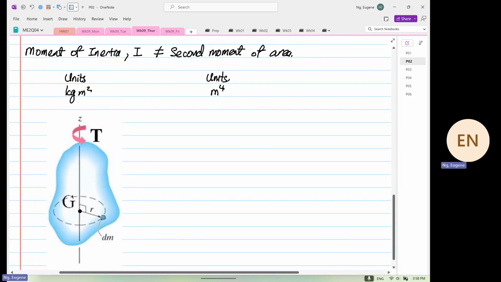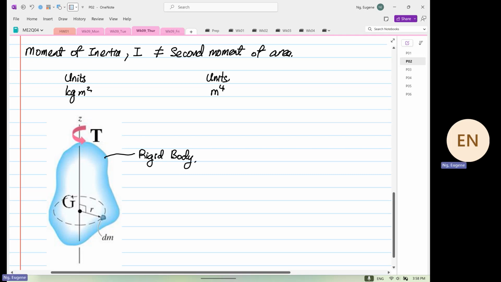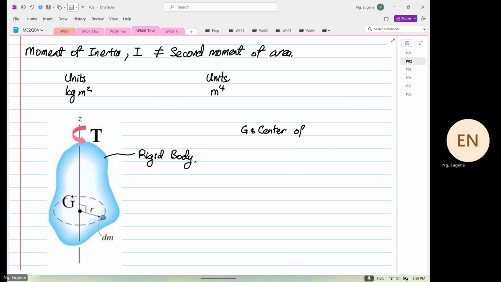So this is a rigid body. Now, G, as you can see over there, is the center of mass.